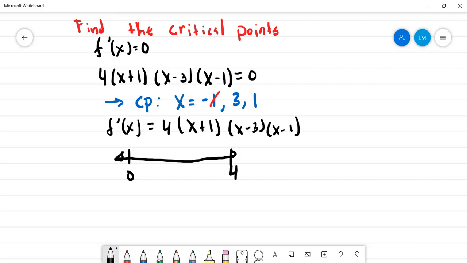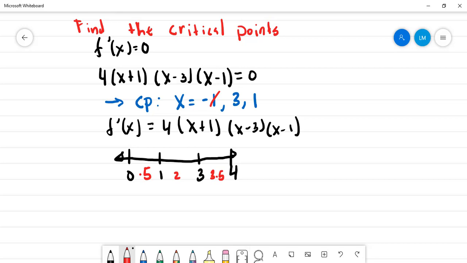But we have 2 critical points that we need to check, such as 1 and 3. Now, we'll have to plug in some test points, such as maybe a half, 2, and then 3.5 perhaps. So let's try this.